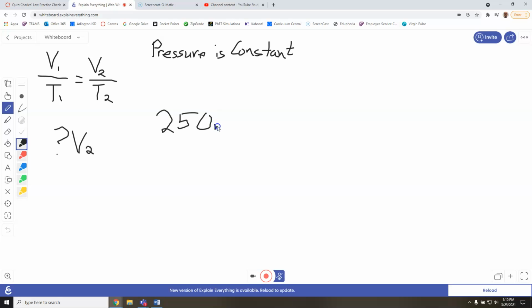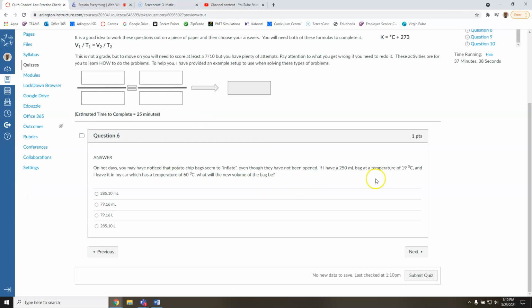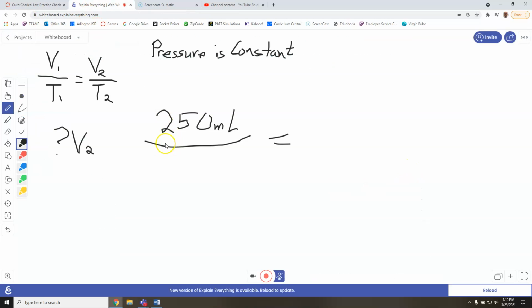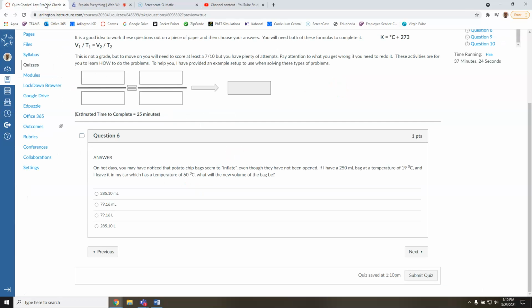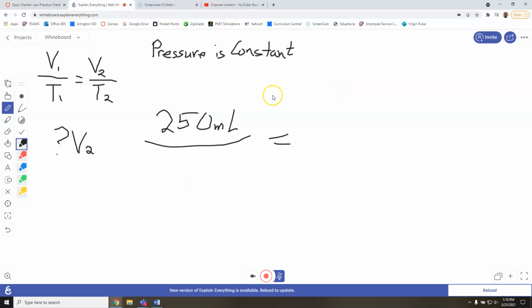250 milliliters over, what was that initial temperature? 19 degrees Celsius. That ain't going to work. Sorry, alarm's going off. That's not going to work. We have to turn that 19 degrees into Kelvin.